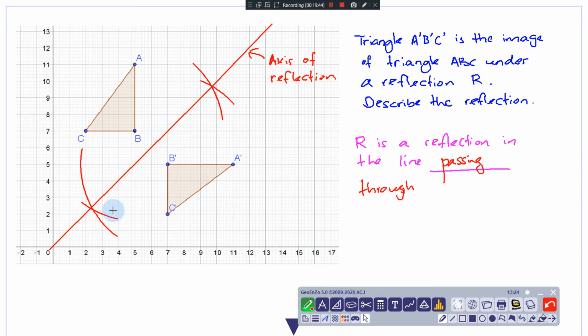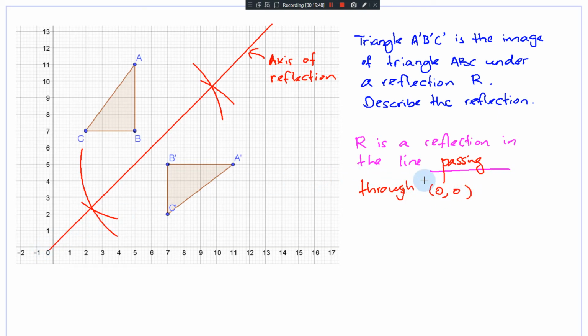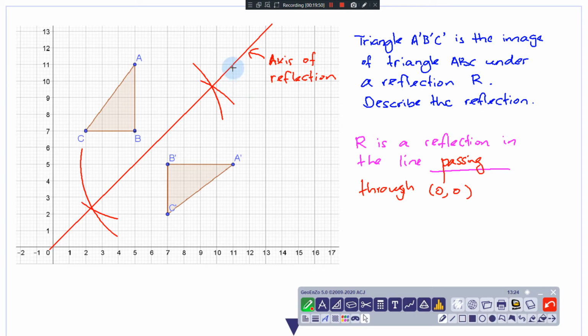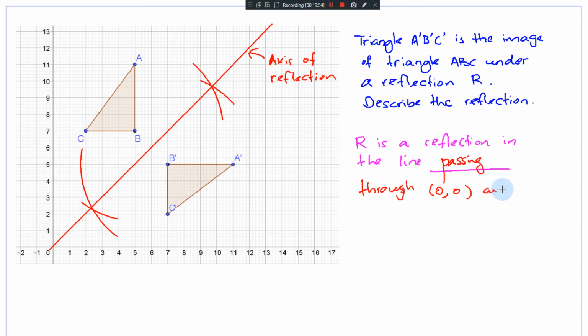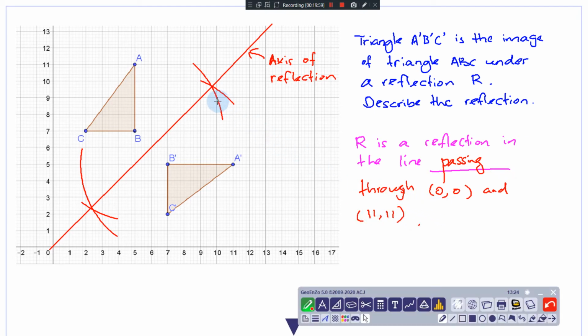So we can say, how about 0, 0? And another point, how about we choose 11, 11? Because to draw a straight line, you just need 2 points. If you mention 2 points that fall on this straight line, then people know which line you are telling.